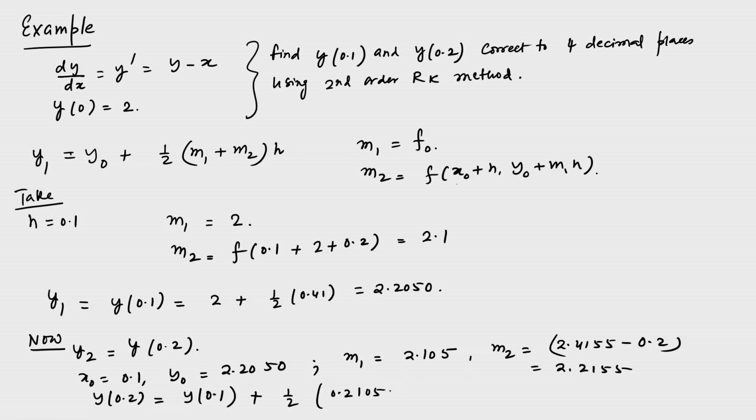When this gets multiplied with h, which is 0.1, this is equal to 2.4210. Okay. All right. So, this is y at 0.2 and so on. This is what is needed. So, y at 0.1 and y at 0.2.